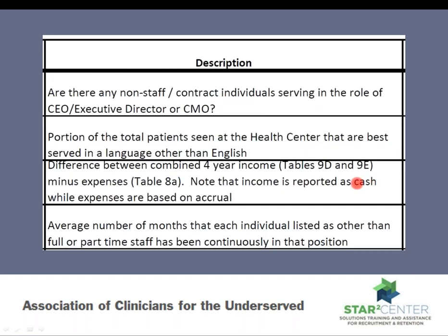The next column is the descriptive column. When I say language focus, what I really mean is the portion of the total patients seen at your health center that are best served in a language other than English. So a lot of the descriptive information, especially for the more technical data points, we really want to check out this description column and see what this number is really measuring.